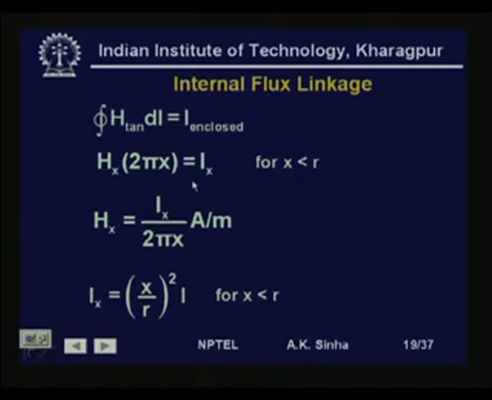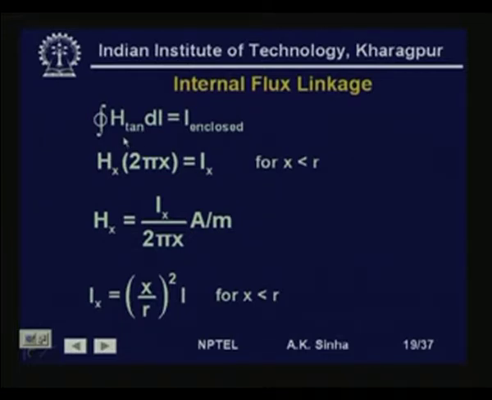Therefore, from Ampere's law we know that the integral of the tangential component of H into dl over a closed contour is equal to the current enclosed. So, using this relationship for this contour we get H x into twice pi x, which is the contour length when we integrate it.